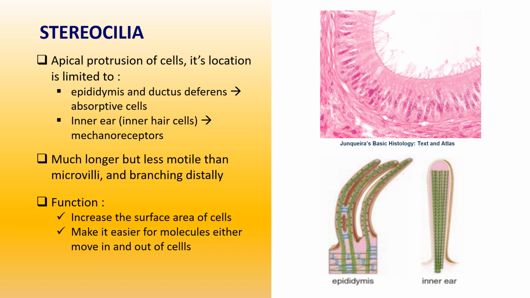Stereocilia have a longer shape but are less motile than microvilli, and they have branching at their distal end. The function of stereocilia is to increase the surface area of cells and make it easier for molecules to move in and out of cells.